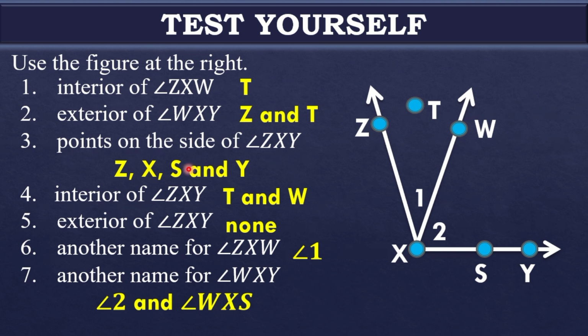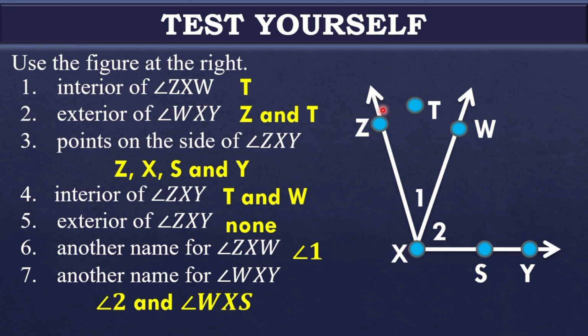Okay? And then, points on the side of angle ZXY. So, ito yung si ZXY. Okay? So, ang mga points niya, ano ba yung mga points na nakadikit sa kanya? Points Z, X, S, and Y. And then, interior of angle ZXY, ito si ZXY.